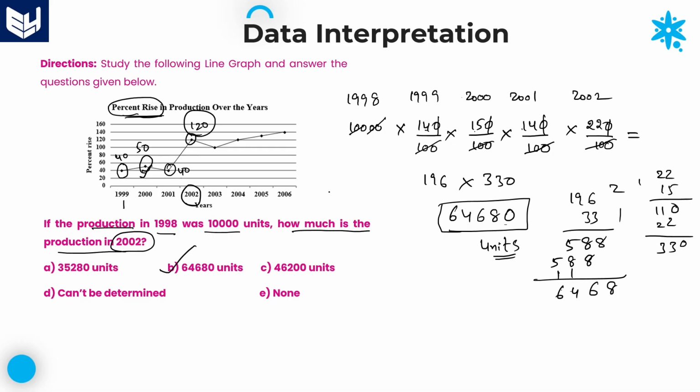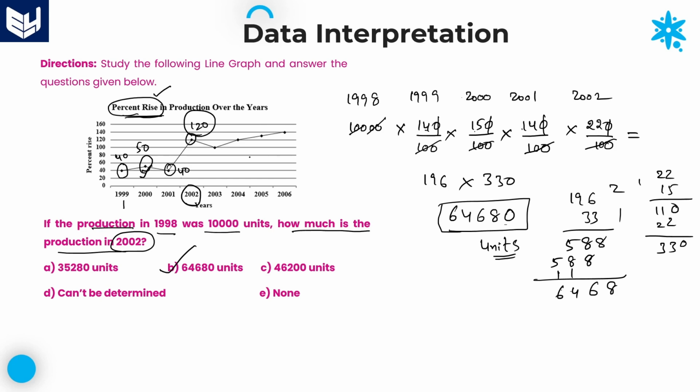In this way you need to solve these kinds of questions. Whenever the information is given related to percentage rise, every year the value increases. The starting year value is undoubtedly less compared with the ending year, because every year the value increases; there is no decrement in the values.